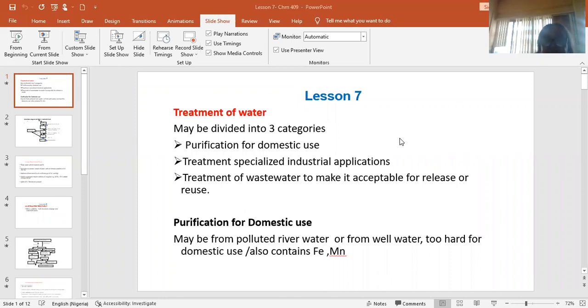And the last method of water treatment is when we treat wastewater to make it acceptable for release or for reuse. Like I said before, all industries, one way or the other, produce waste. Let's say a textile industry or a paint industry, they still have to wash off all the spilled paint and everything. And this goes, if it's not treated, it can go into our drains.